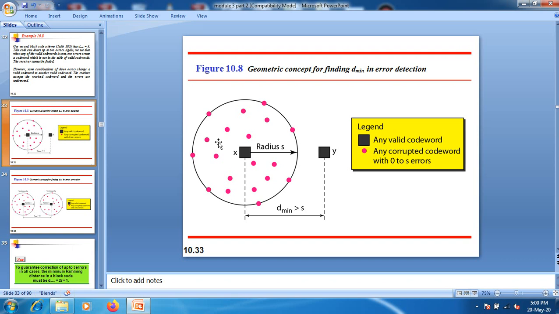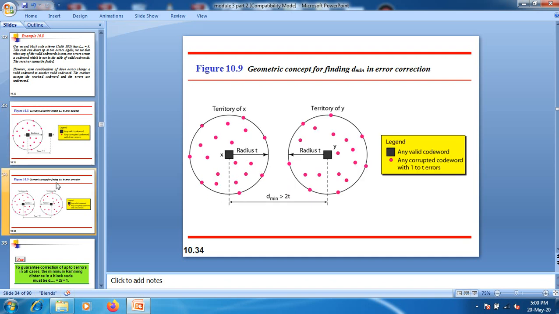When it comes to error correction, we use the same concept, that is a territory. We have X, that is a code word, residing at the center of a circle. Another code word also resides at the center of a circle here. Each has a certain radius, as we are trying to correct t number of errors.